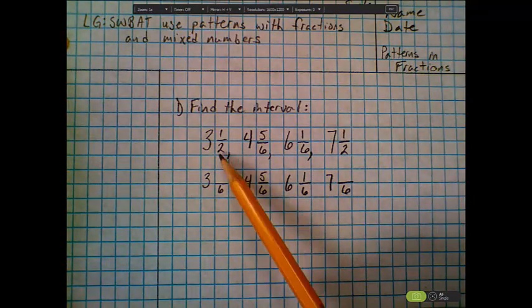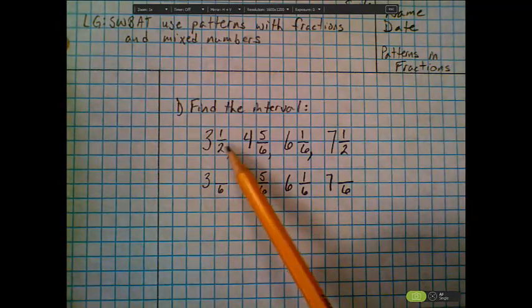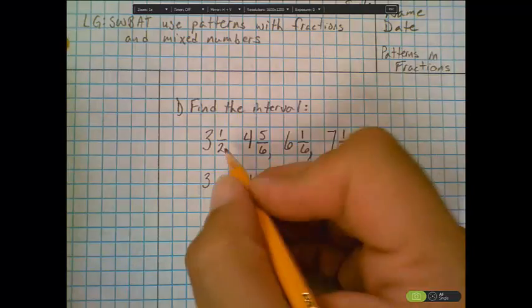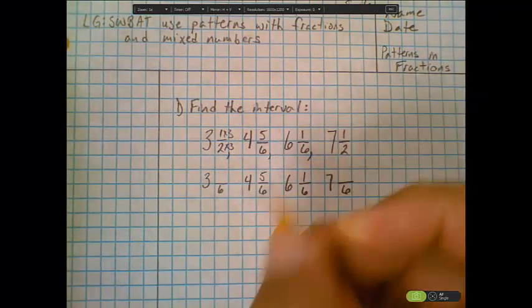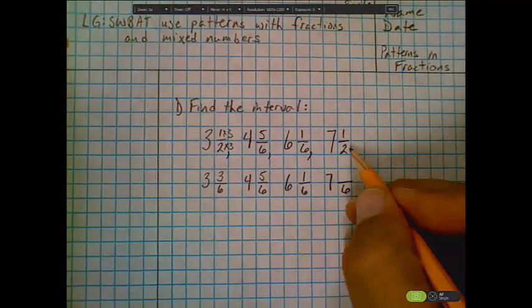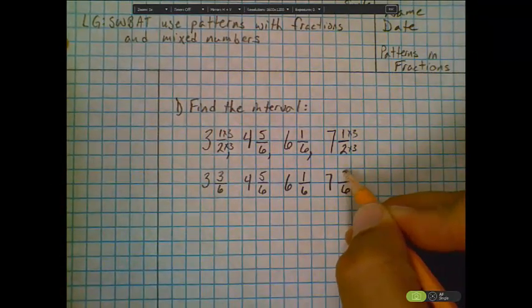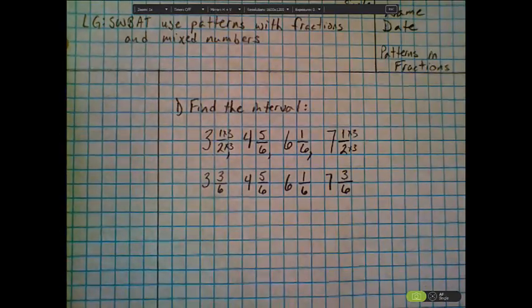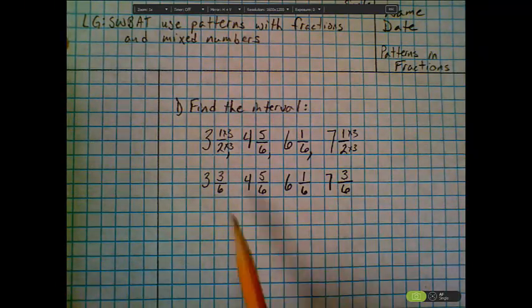For the ones that do change, what times 2 gives you 6? Well, that's times 3. And if we do times 3 on the bottom, we have to do times 3 on the top. 1 times 3 is 3. Same thing over here. Times 3 on the bottom, times 3 on the top, means we have 3 on the top. So we found the equivalent fractions for each of our fractions. We all have the same denominator here.